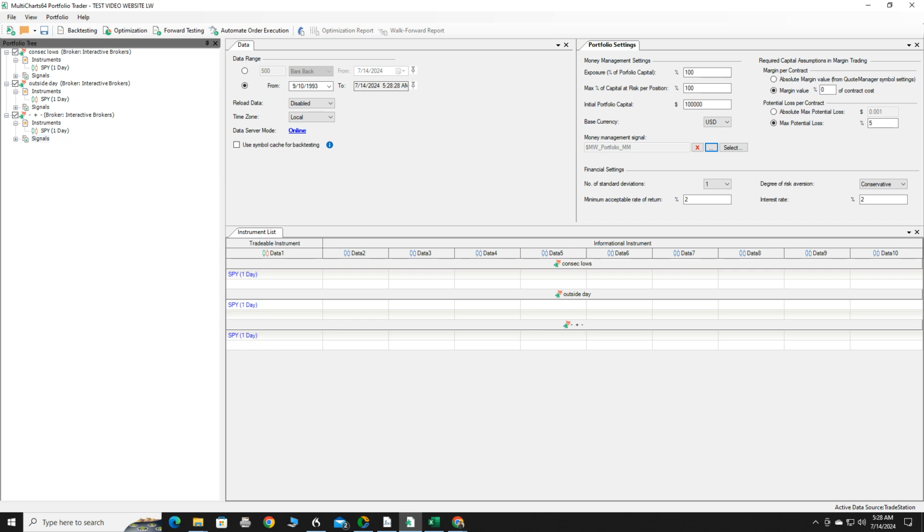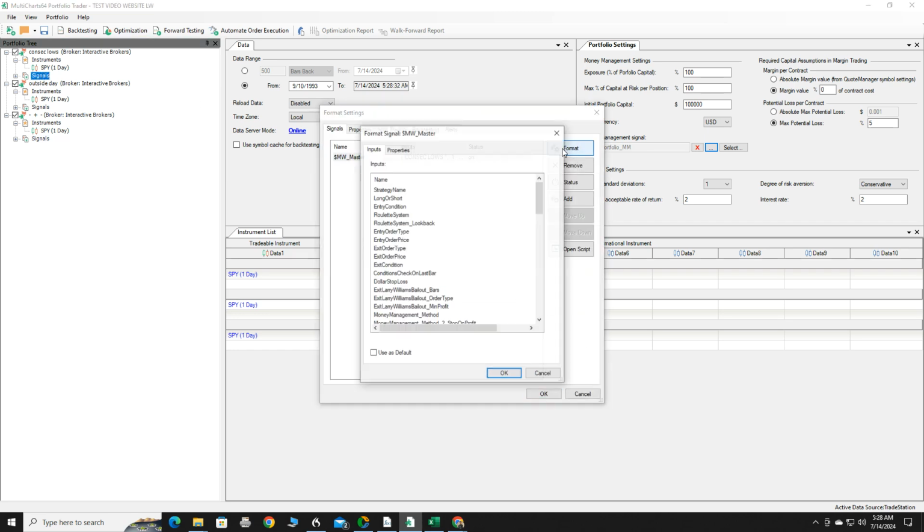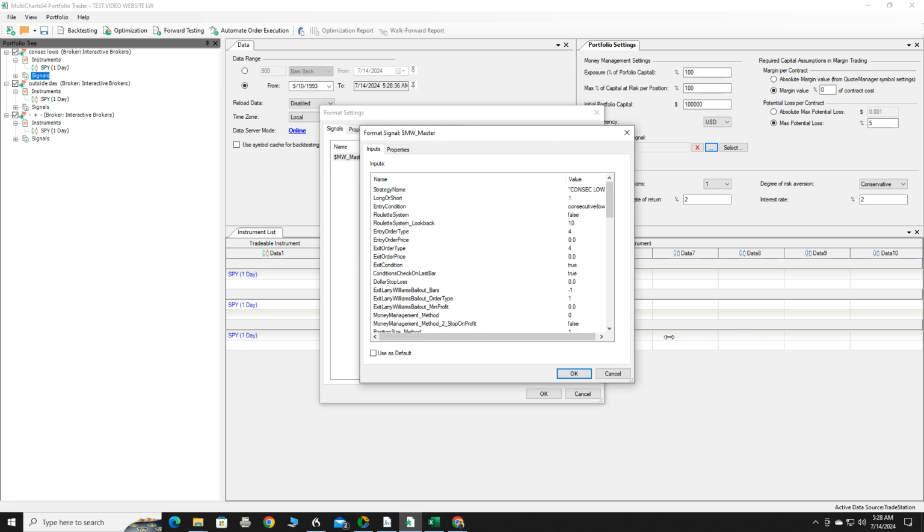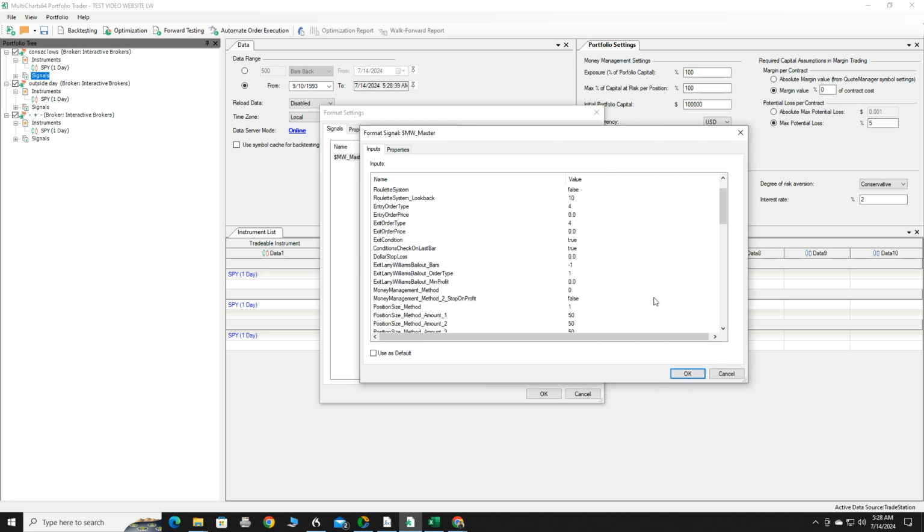But notice if I go to the strategy level, double click that, open that format, and I scroll down in the strategy level that's in the portfolio, I have 144 shares. So even though the strategy says 144, whatever is in the portfolio will override this 144 shares, and it'll be 50 instead.